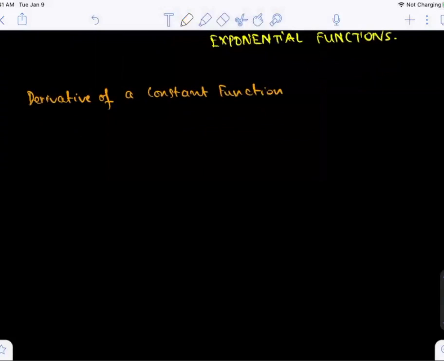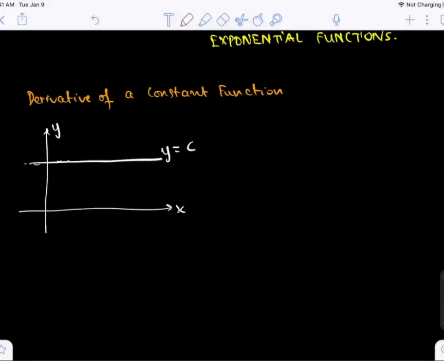For the constant functions, it's very simple. Here is the function y equal to c, for c any arbitrary constant. So consider constant functions, y equal to c.